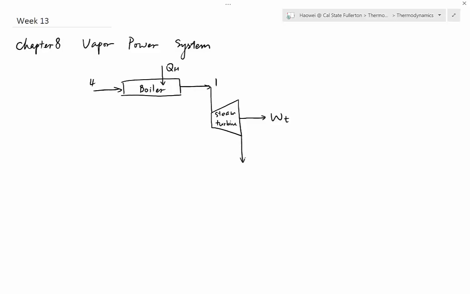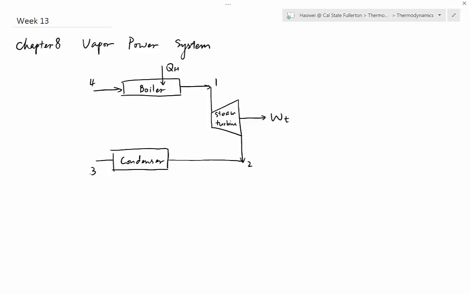And then cool down steam number 2 coming out of it. And then we need to further cool it down by sending number 2 to a condenser, further cool it down to number 3.